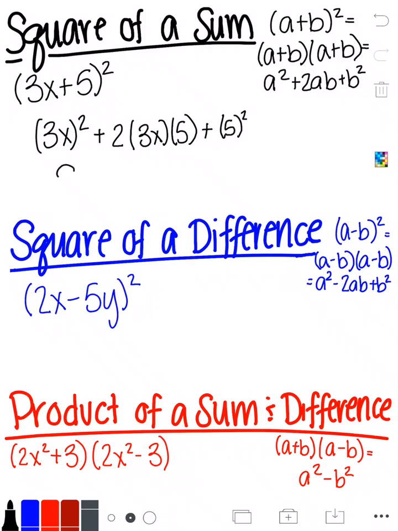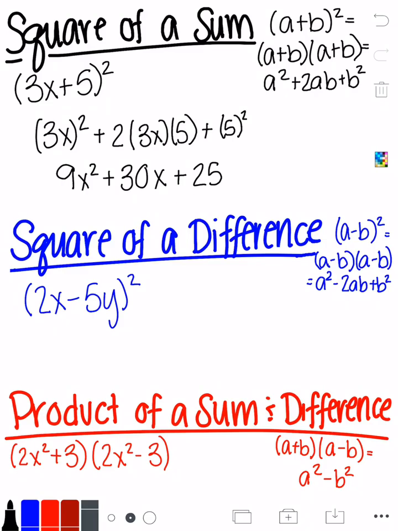So 3x squared is 9x squared. 2 times 3x times 5 is 30x. And then 5 squared is 25. So our answer is going to be 9x squared plus 30x plus 25.